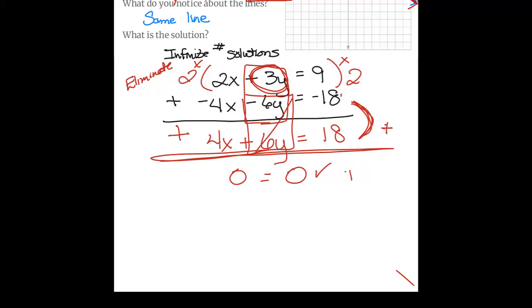Yes, that is true. What does that tell me about my solutions? You have an infinite number. So if you have a true statement like 5 equals 5 or x equals x or 0 equals 0, that is absolutely true, and that means you will have an infinite number of solutions, which we already found from our graphing.